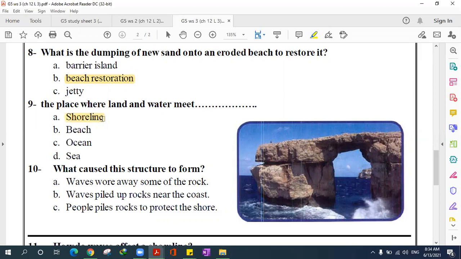The beach is the part of the land closer to the shoreline. Someone said something? Yes, Tanahi. I said the place that we swim in is named the beach. Yes. So the shoreline is the correct answer.